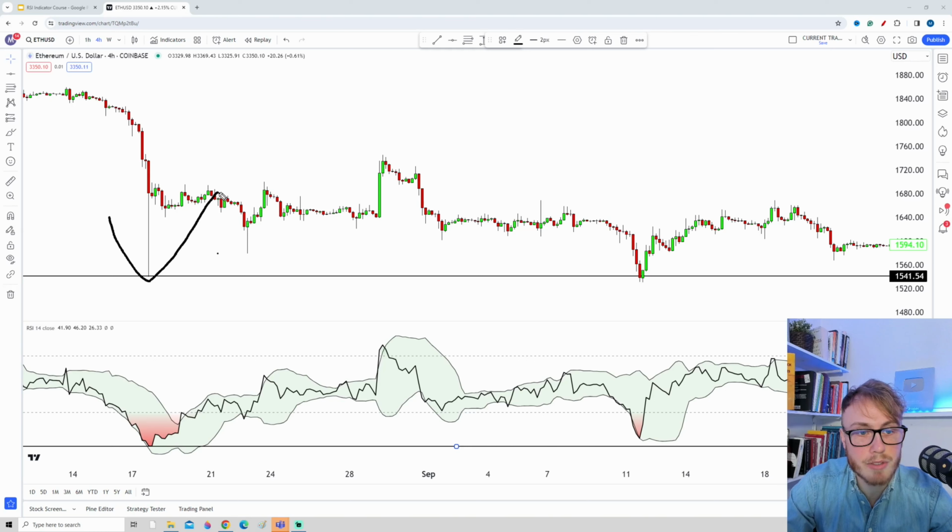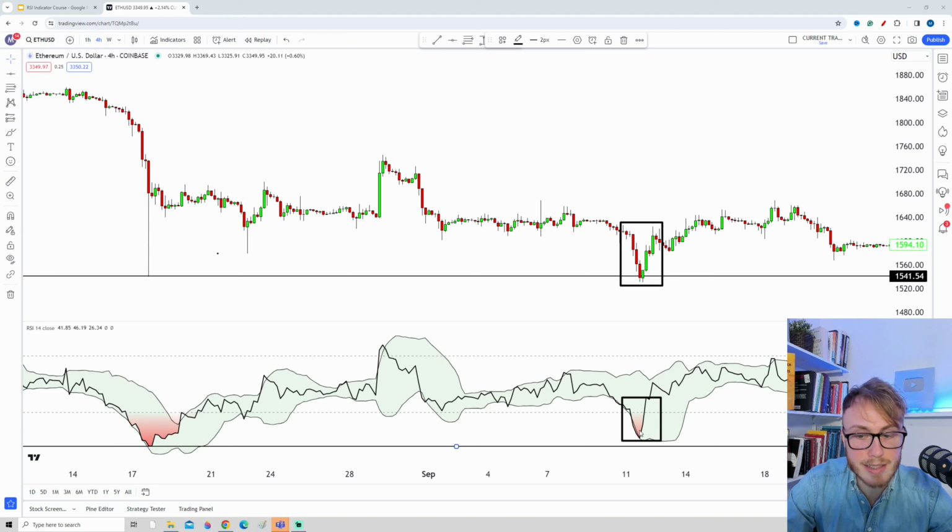Because as you can see, after this massive bounce, the price went sideways for a while. We saw some movements, but then right here, something very interesting happened. First of all, we can notice that the price came down here to the potential support of the previous bounce. And what we also can see here on the RSI indicator, this is a bit hard to see, but you can see that the RSI actually traded outside the Bollinger Band.